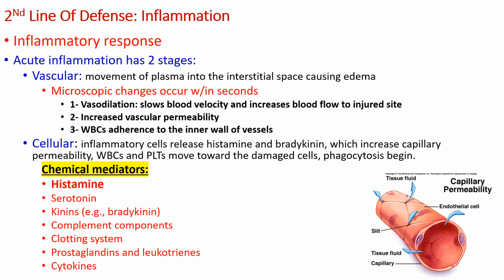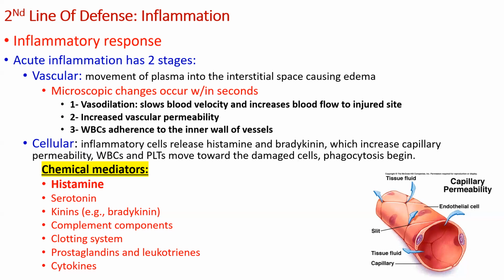So the microscopic changes occur in seconds. The vascular changes will include vasodilatation, increased vascular permeability, and adherence of the white blood cells to the inner wall of the blood vessels.